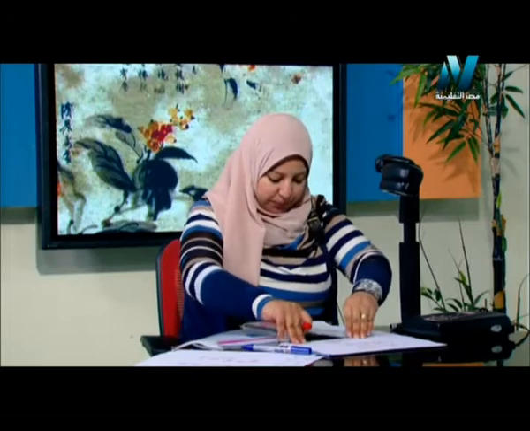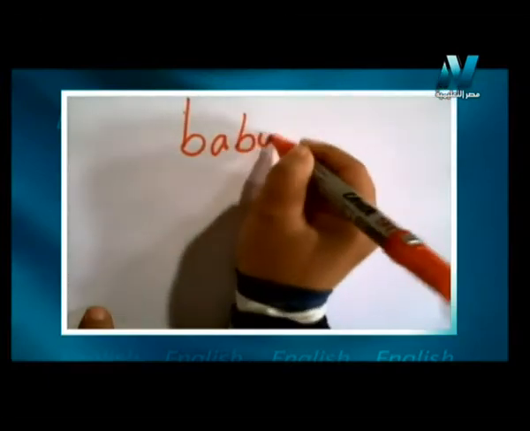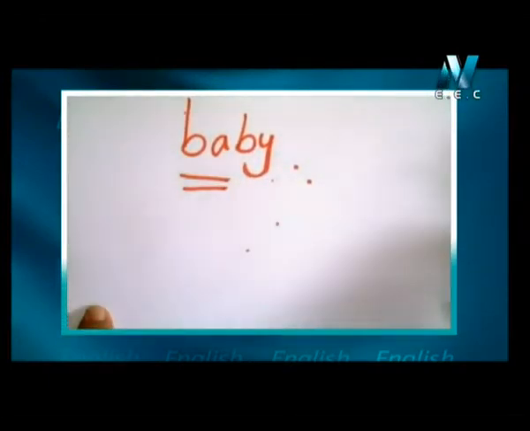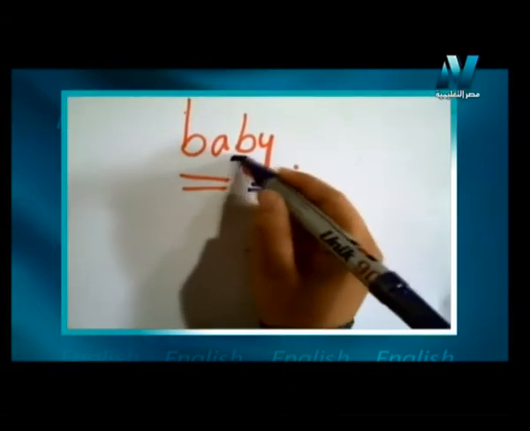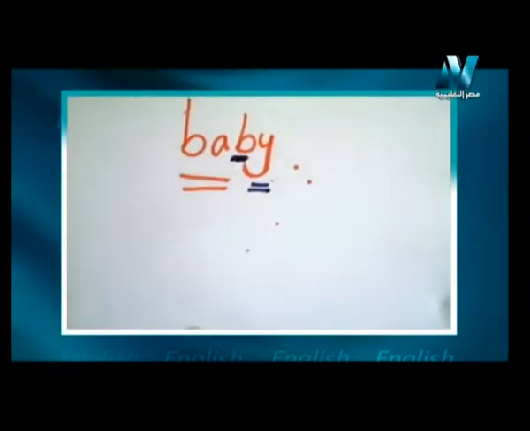Okay, طيب. What about words that end with Y? Like for example, baby. I have the word baby. It ends with Y. And what's before the Y? We have a consonant here. What am I going to do?